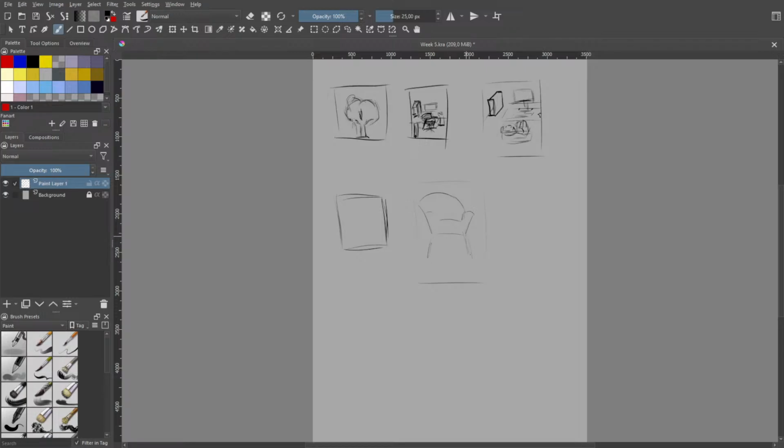So something like. Not looking at reference right now, I'm just. Ouch. I'm sitting like a gremlin again.